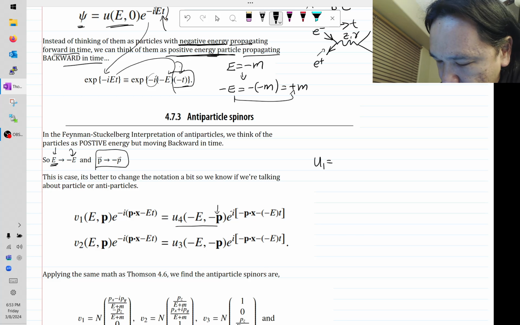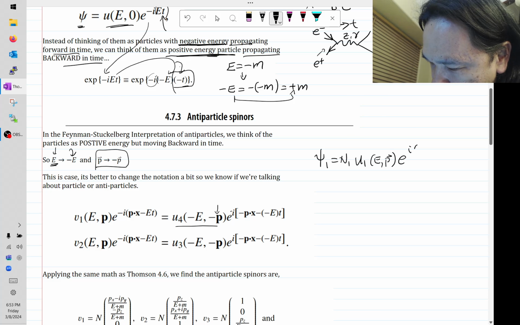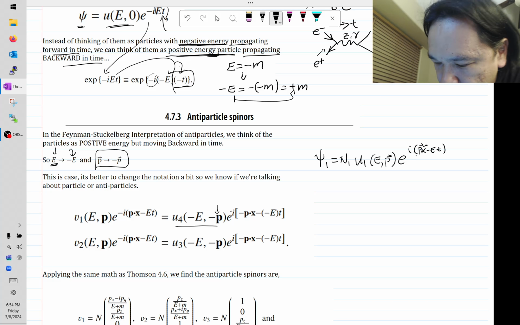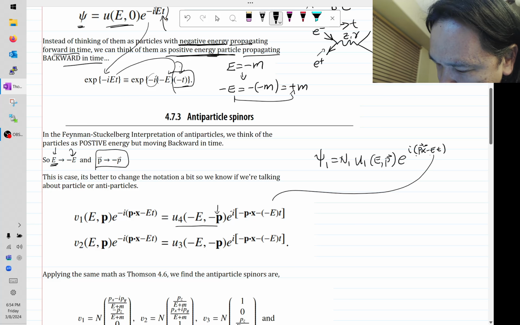Let's write psi 1. There's some normalization, and then U1, E, you have some momentum, e to the i p x, times e to the minus i E t. That's the normal one. But since we're going to flip the sign of energy, this becomes the negative of that.